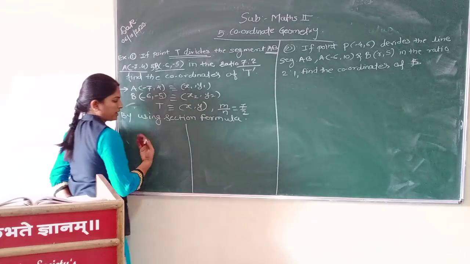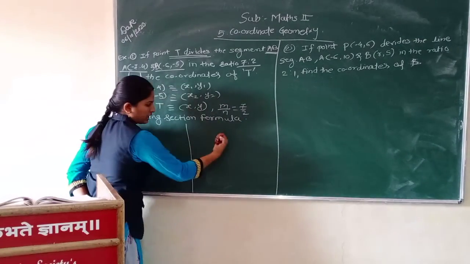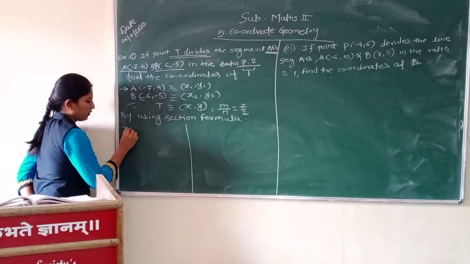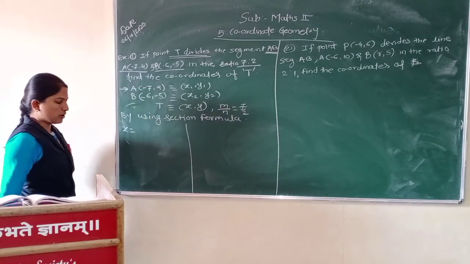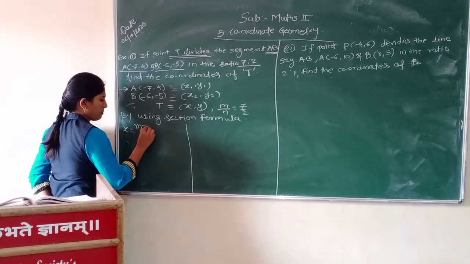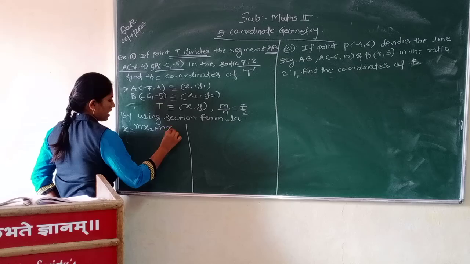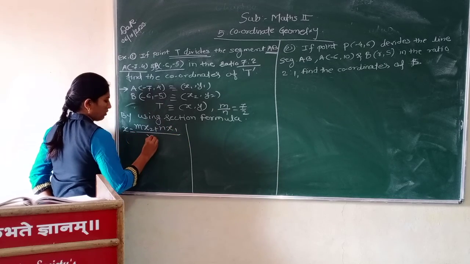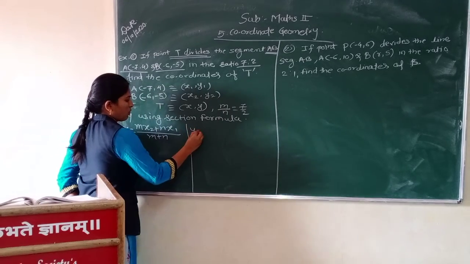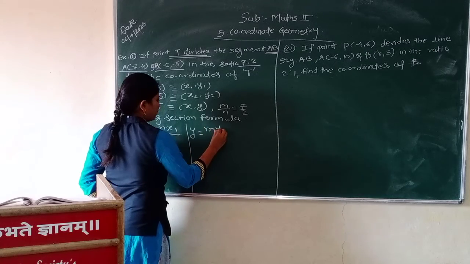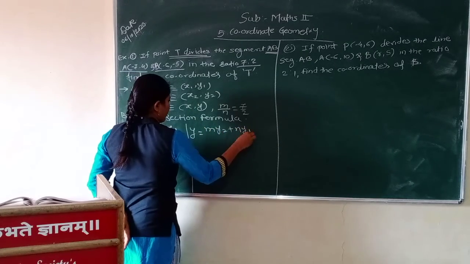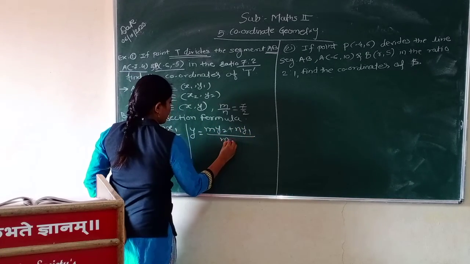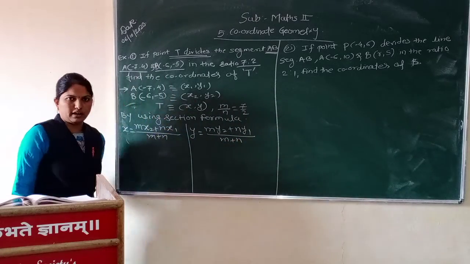Making here two parts, one for the x coordinate and another one for the y coordinate. Formula for the x coordinate is (mx2 + nx1) upon (m + n). Y is (my2 + ny1) upon (m + n).